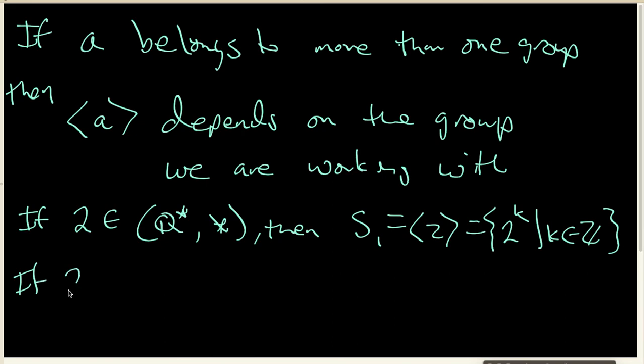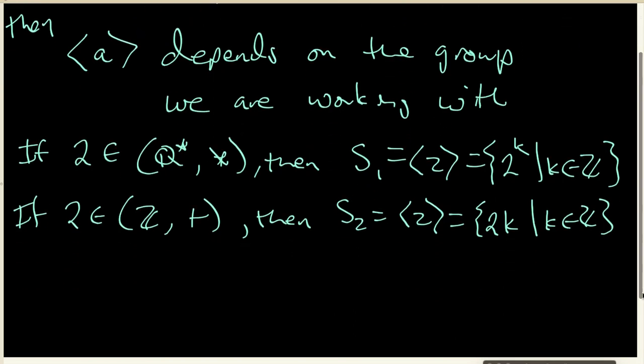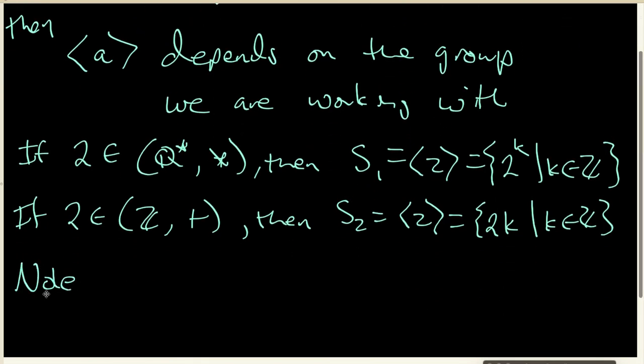But if I'm considering 2 a member of the integers under addition, and I let S2 be the cyclic subgroup generated by 2, this would be 2 times k, where k is an integer. And as we've seen, it is worth noting that S1 and S2 are not the same set.